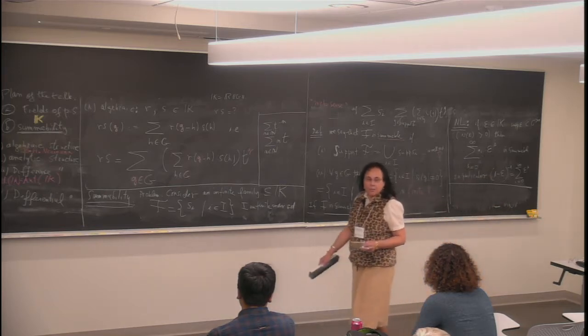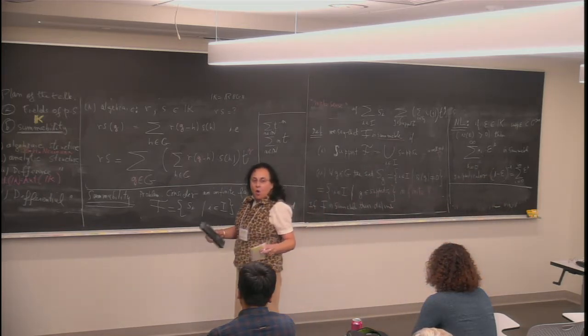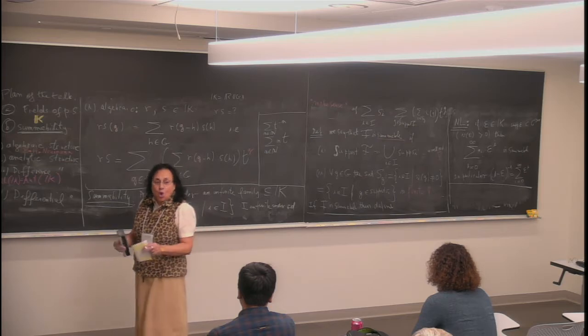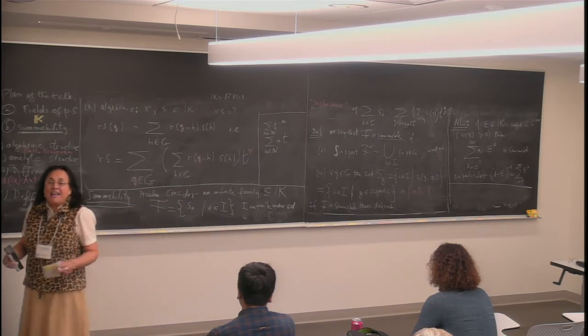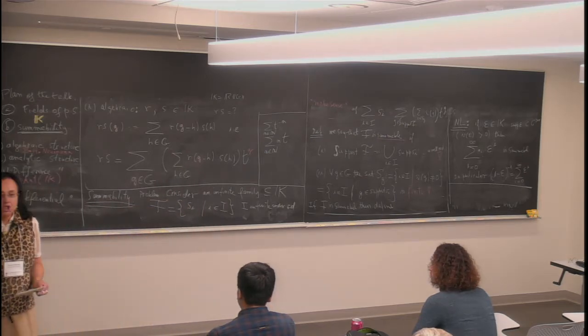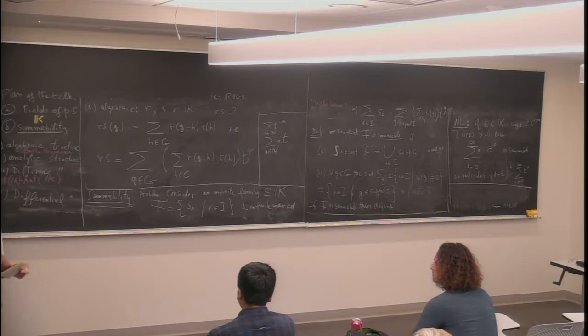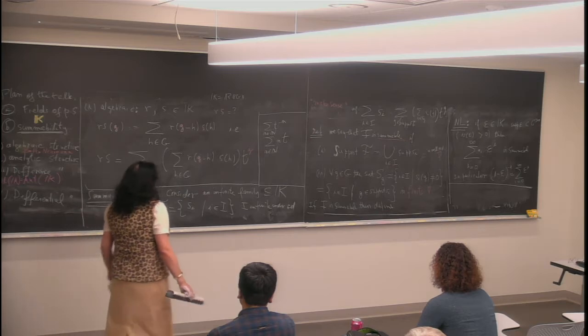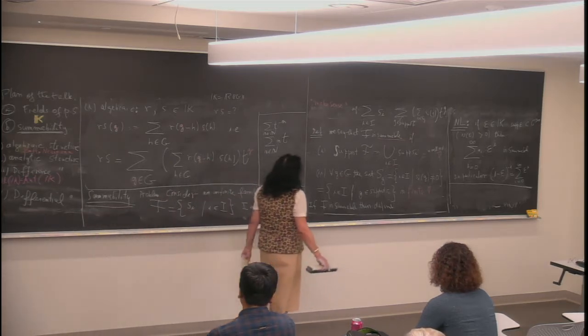So I want to tell you about the difference and the differential structure. So the difference means we want to study the automorphism group under composition, right, of this object.